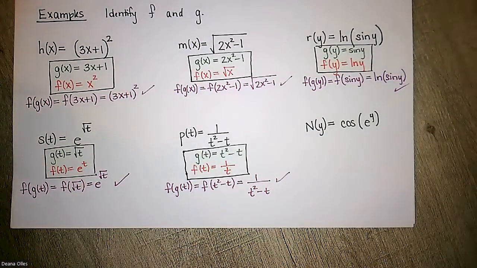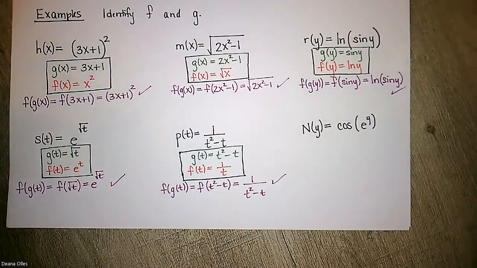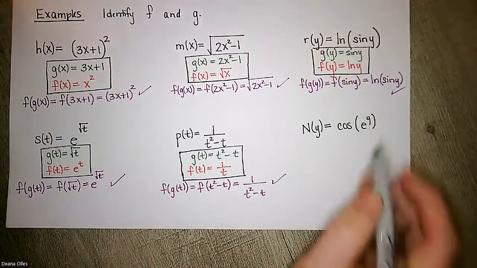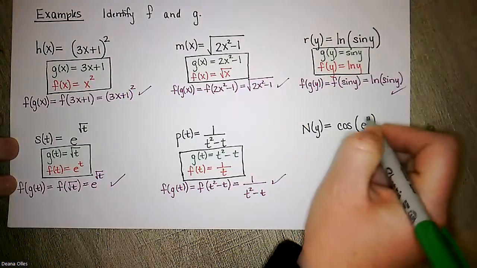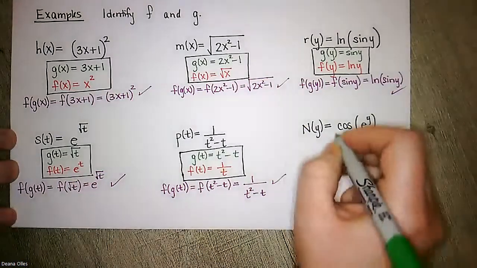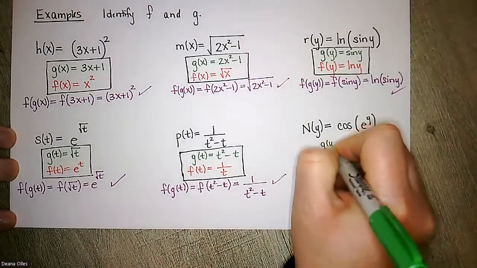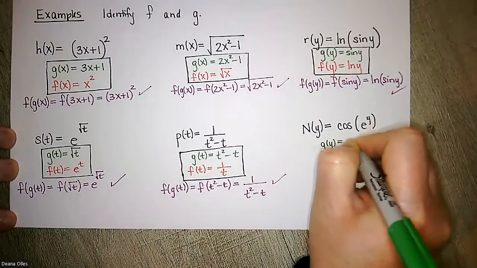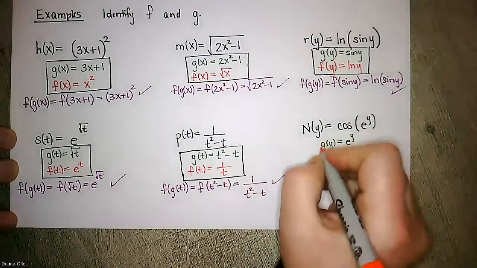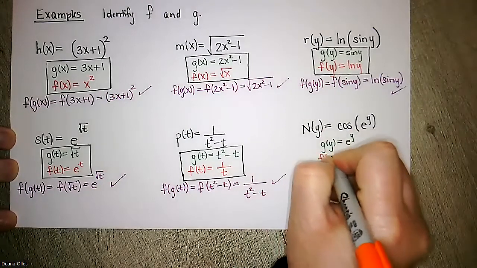All right, one more. Here we have the cosine of e to the y. So the e to the y, the exponential function base e, is inside of the cosine. So my g of y, again, because now I'm looking at a function of y, is e to the y. What am I doing to it? I am taking the cosine of it.